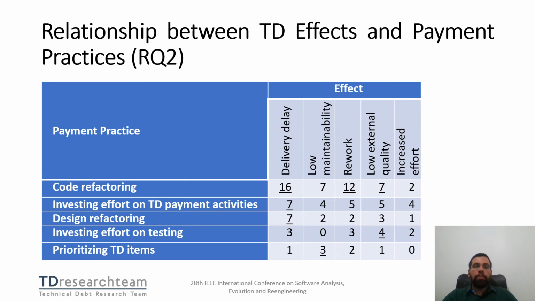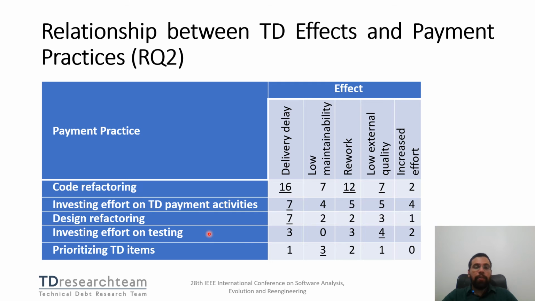About the relationship between the effect and payment practice, we identified that code refactoring is the most used payment practice when the project felt the effects delivery delay and rework. The practice invest effort on payment activities and design refactoring were applied when software practitioners felt the effect delivery delay.